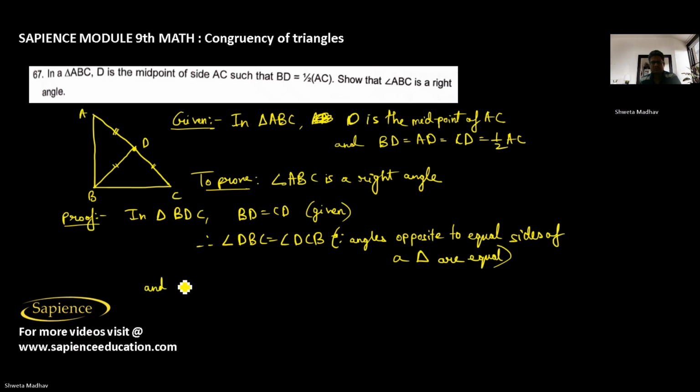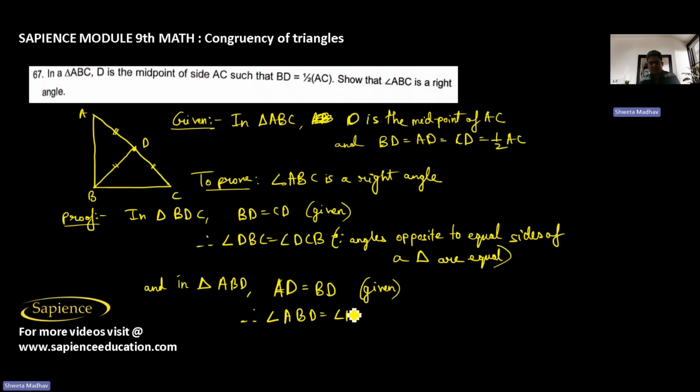Also, in triangle ABD, AB is equal to BD, given. So now therefore angle ABD is equal to angle BAD.